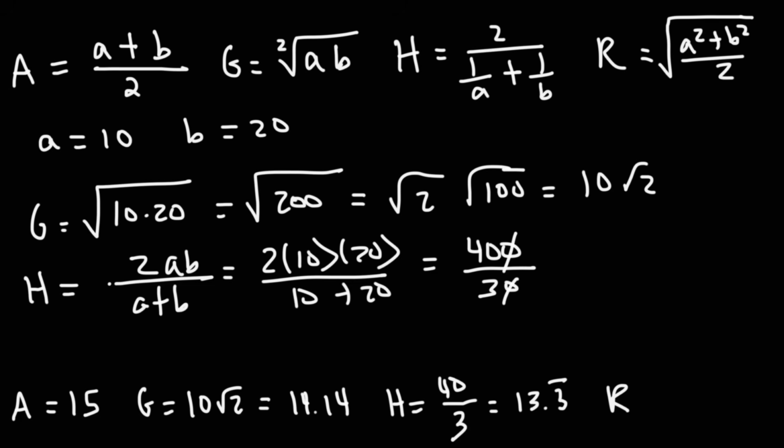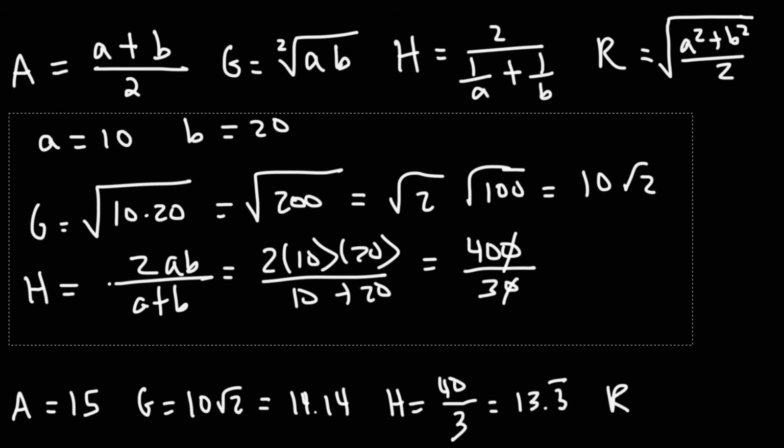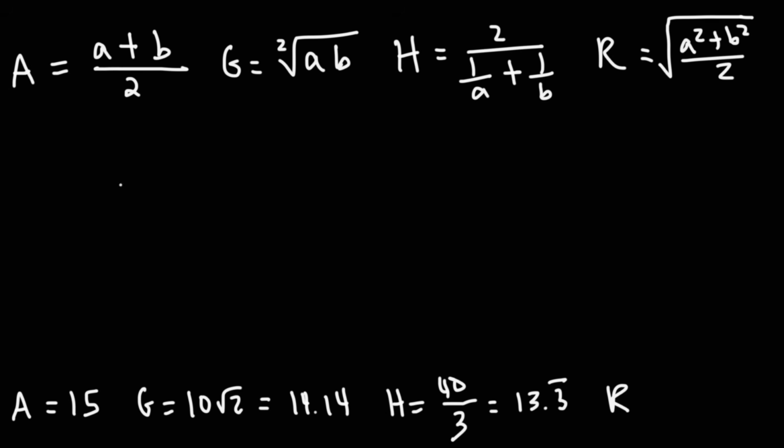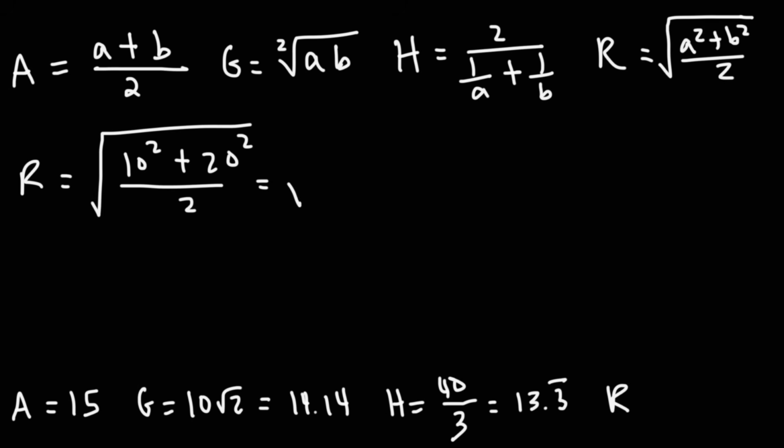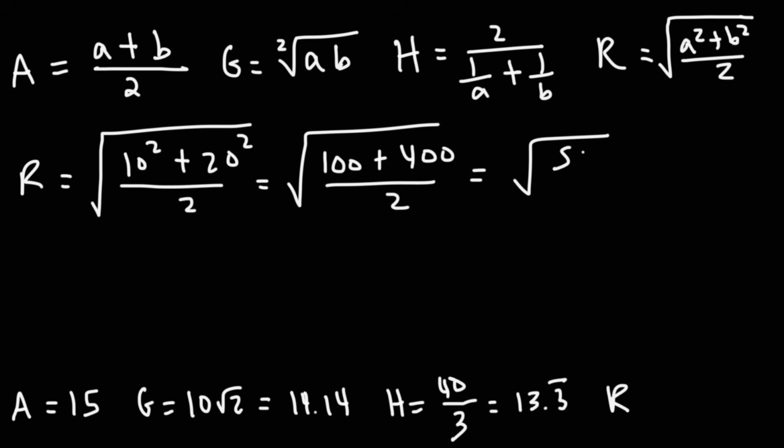Now let's calculate the root mean square of those two numbers. So we have a squared, which is 10 squared, plus b squared, that's 20 squared, divided by 2. 10 squared is 100, 20 squared is 20 times 20, that's 400. 100 plus 400 is 500, 500 divided by 2, we get the square root of 250.